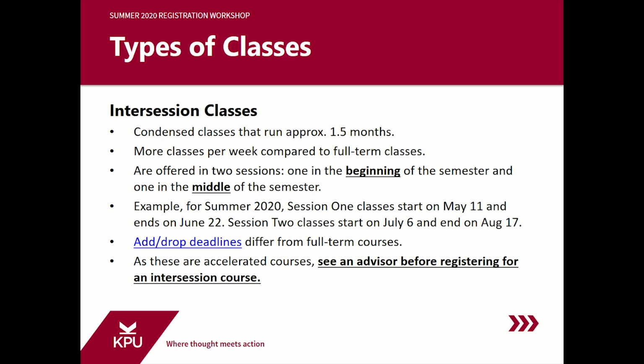For example, for summer 2020, session 1 classes start on May 11 and end on June 22nd, while session 2 classes start on July 6 and end on August 17. Please note that the deadline for adding and dropping these classes is different from full-term courses. As these are accelerated courses, please see an advisor before registering for an inter-session course.